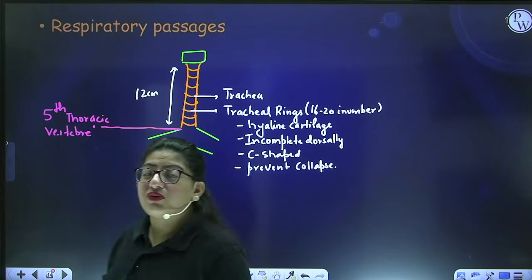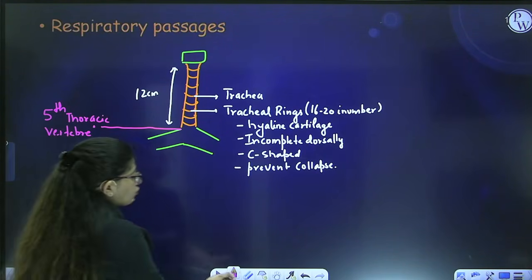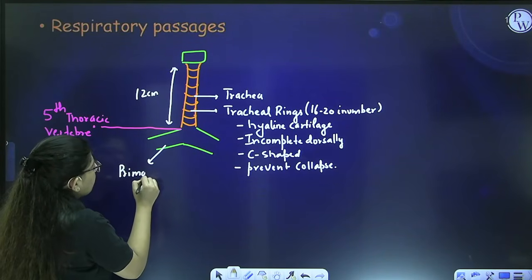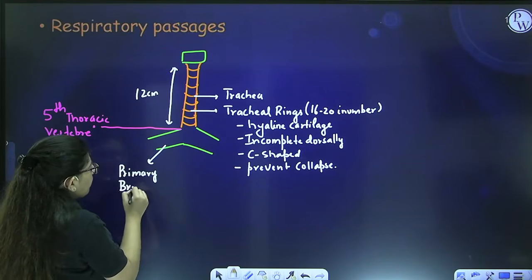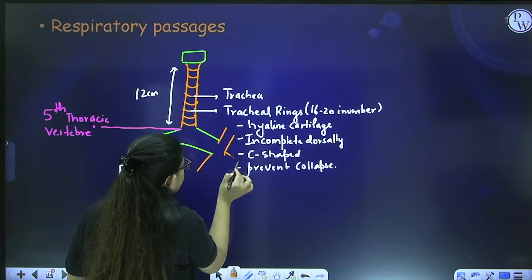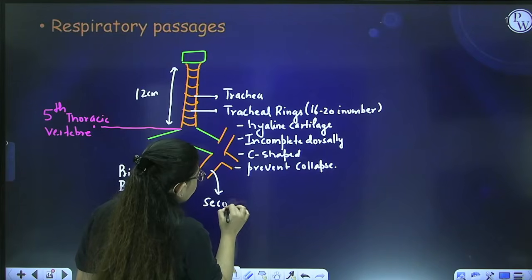Fine. So where your fifth thoracic vertebra is present, the trachea bifurcates into two, and you call them primary bronchi. What do you call them? Primary bronchi. These primary bronchi will further divide into secondary bronchi.